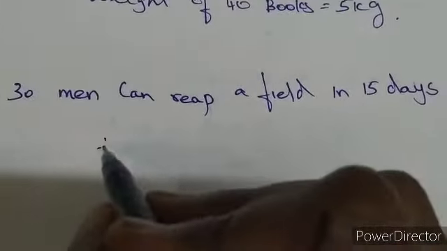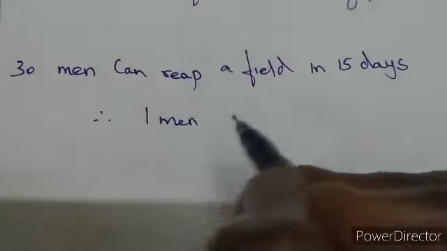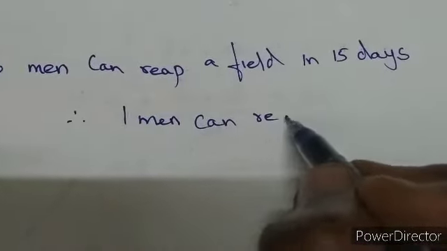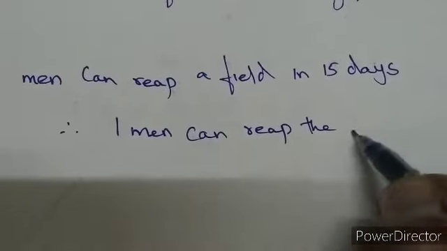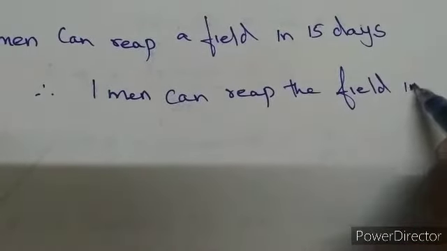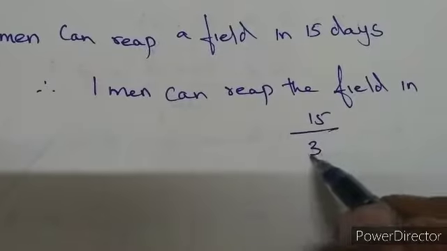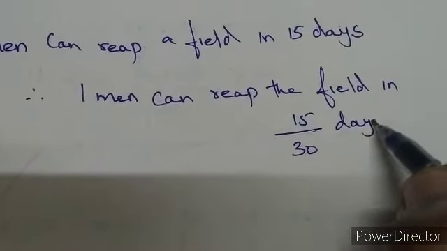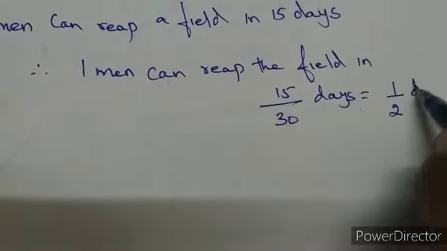Therefore, one man can reap the field in 15 by 30 days, which gives you 1 by 2 days, that is half a day.